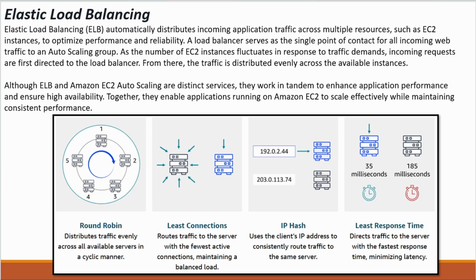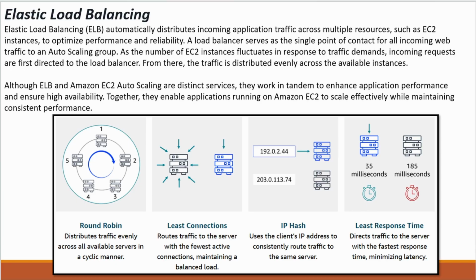Elastic Load Balancing automatically distributes incoming application traffic across multiple resources such as EC2 instances to optimize performance and reliability. A load balancer serves as a single point of contact for all incoming web traffic to an auto scaling group. As the number of EC2 instances fluctuates in response to traffic demands, incoming requests are first directed to the load balancer.